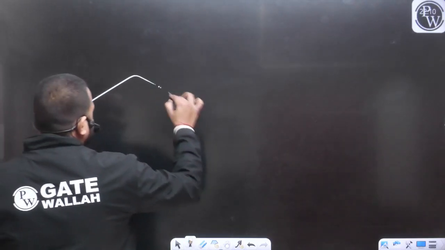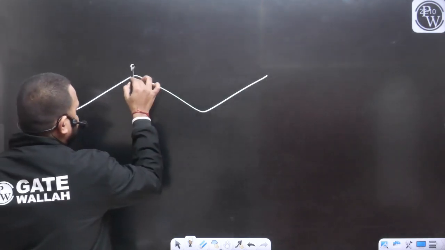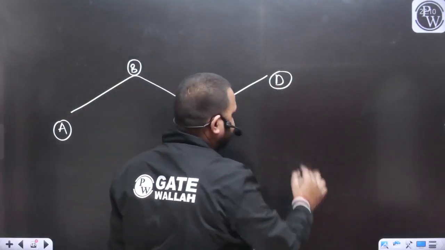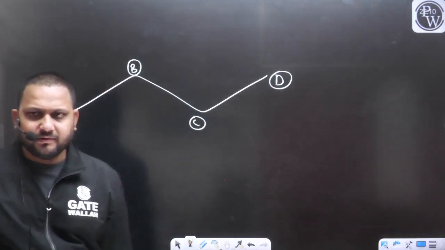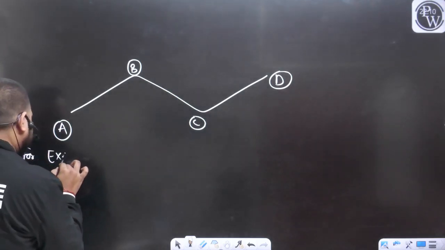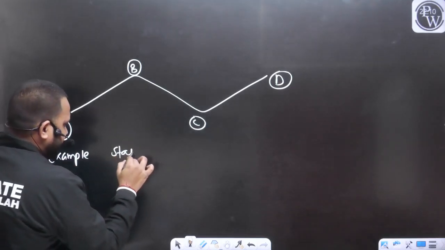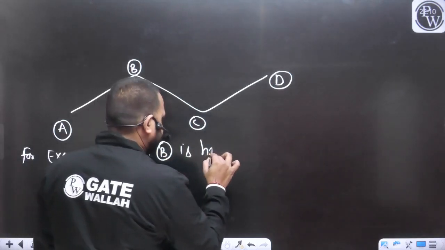So let's take an example. For example, this is your station A, this is your station B, this is your station C, and this is your station D. Let's say, in this survey work, station B is having the local attraction.